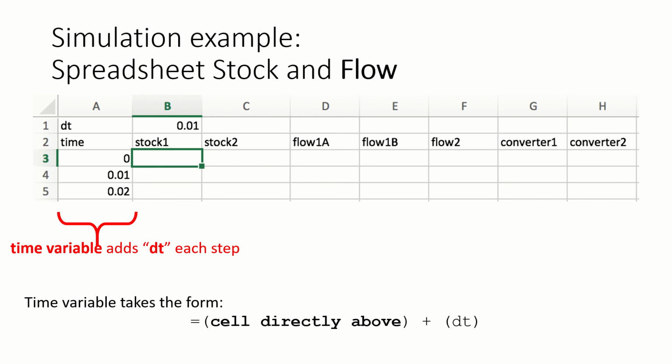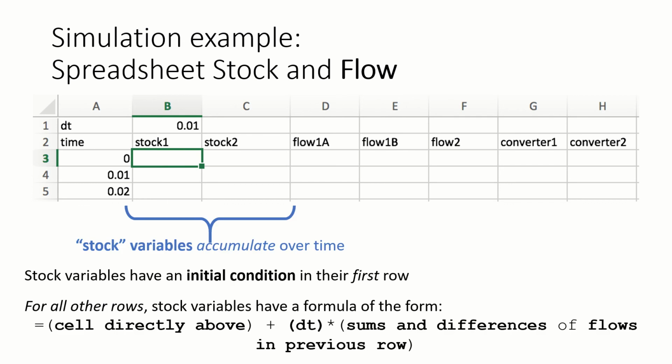Every variable in the time column is going to be the previous time plus dt. That's what I'm trying to simulate down here. If I move over to the stocks, every stock variable is going to be the stock variable directly above it, plus dt times the sums and differences of all the flows in the previous row.